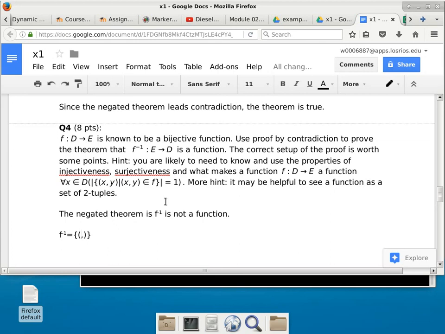For no particular reason, I'm just going to choose x, y as the name of the first and the second of the tuples. Can somebody describe how we relate x, y as a two tuple to something that is in F? Because this is what we're trying to do. We're trying to relate F inverse to F.